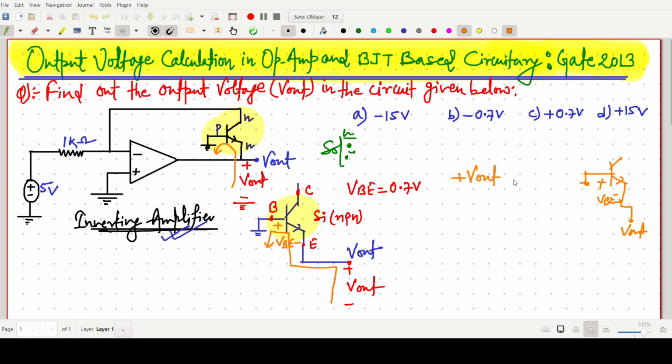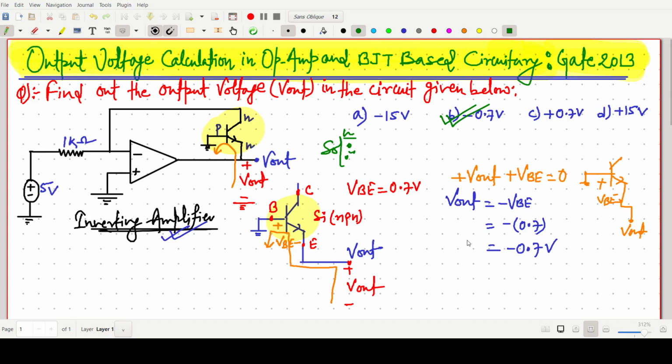So one can write plus V out plus VBE equals 0. Okay, simple KVL, Kirchhoff's voltage law. We are taking the assumption like that. So we can say V output equals minus VBE, and the VBE value is 0.7. So this value will be simply our minus 0.7 volt. So our option, which one will be correct? B will be the correct one.